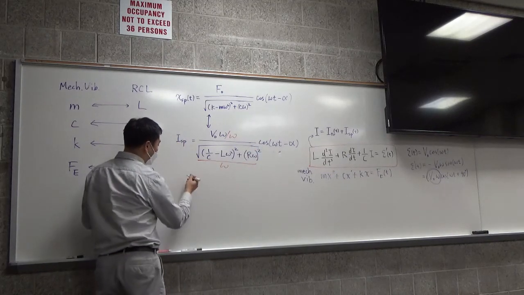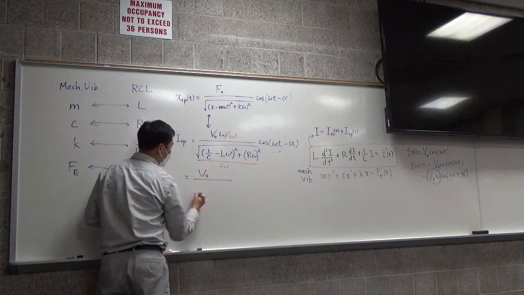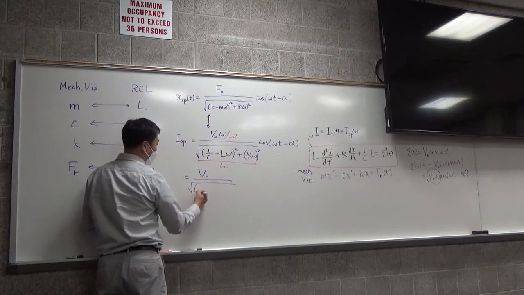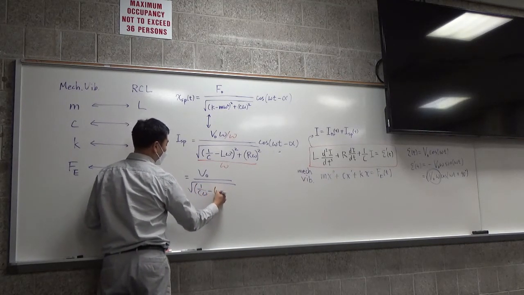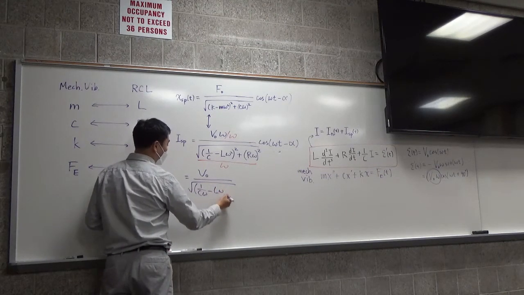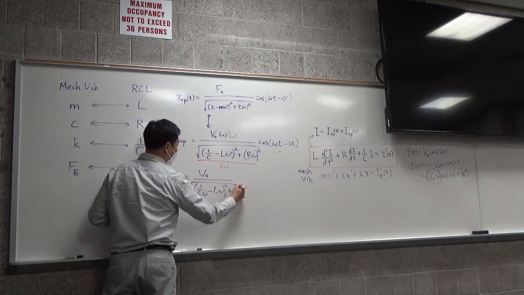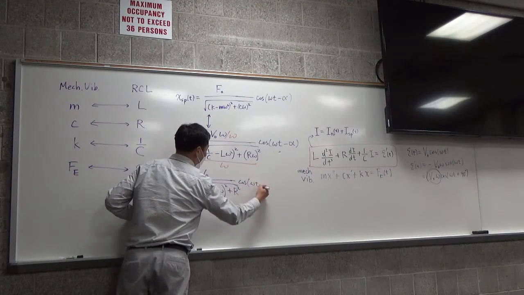And the result will be V0 over the square root of (1 over C omega minus L omega) squared plus R squared, times cosine omega t minus alpha.